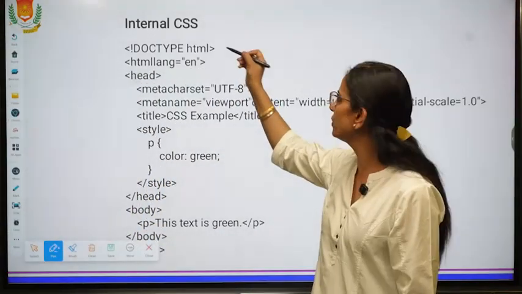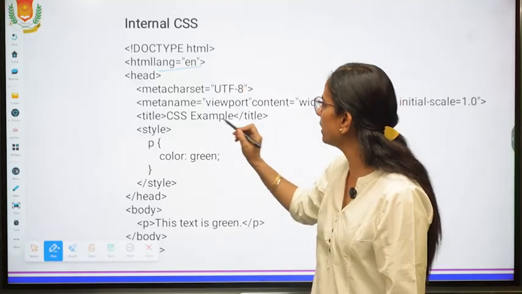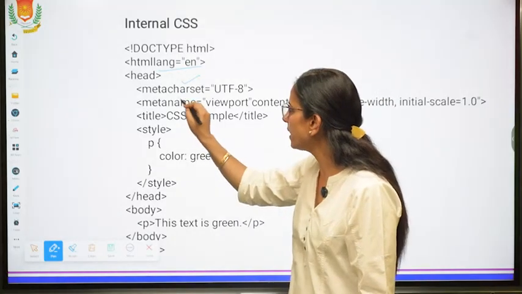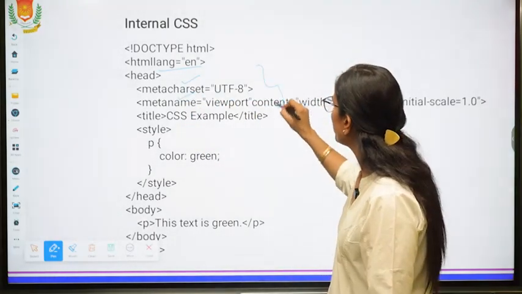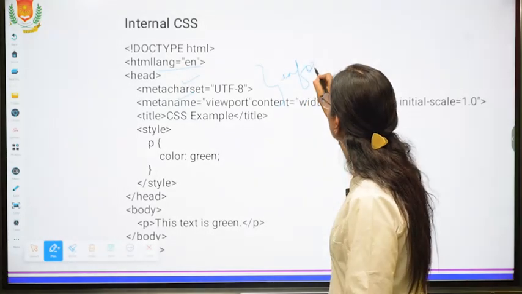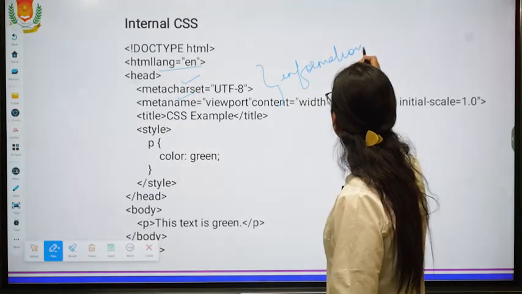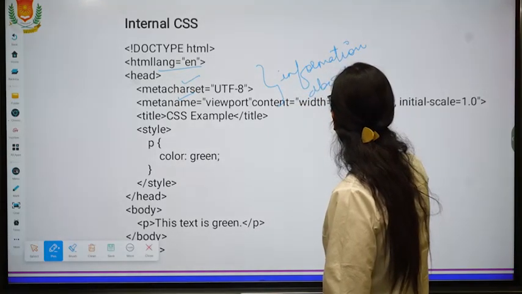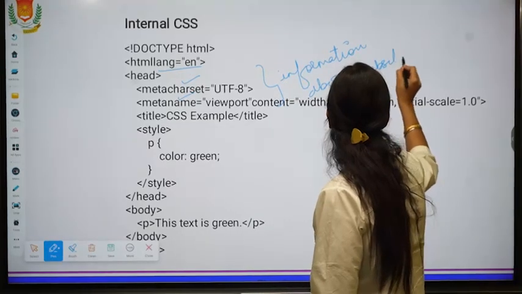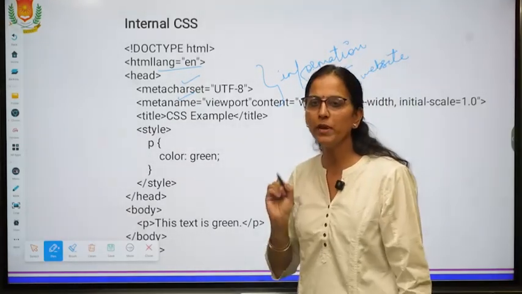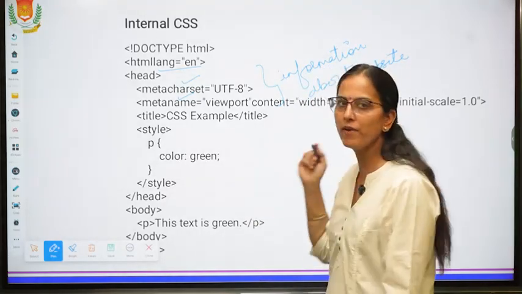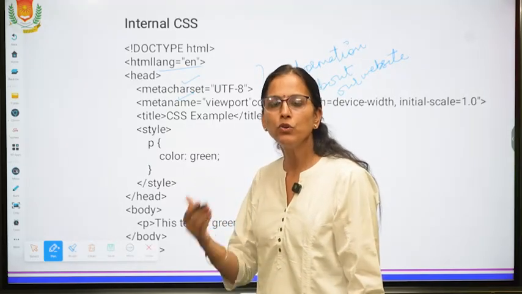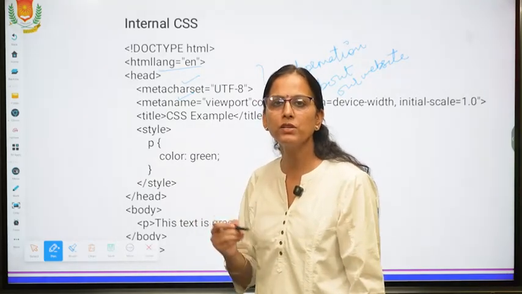One more example is given there. Document type is HTML. Language we are using is English. Meta character set we have defined, which character set we are using. Meta name is there. Again I am repeating, this is the information about our website, and it will be helpful when you will be using SEO, search engine optimization.